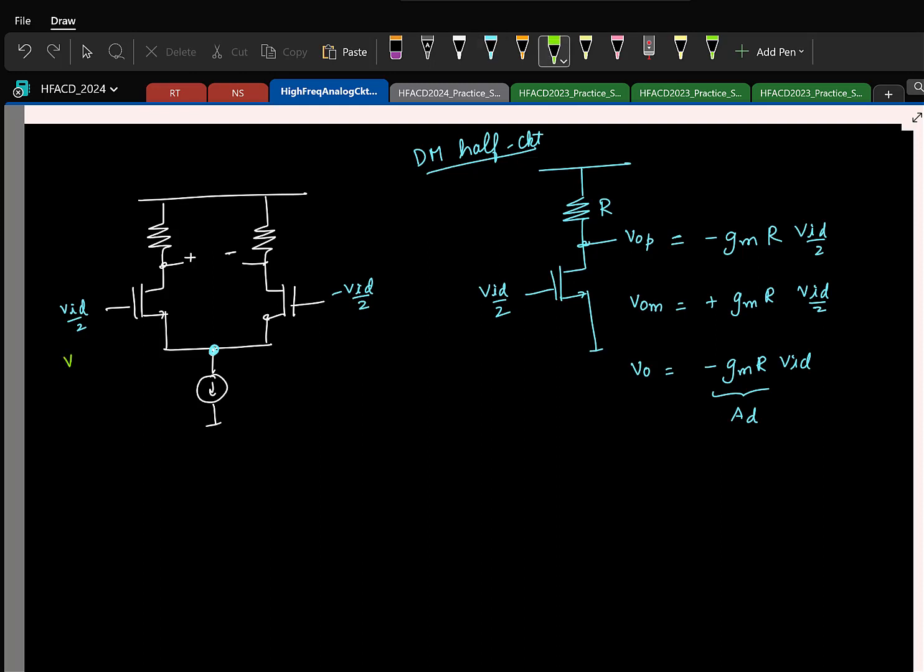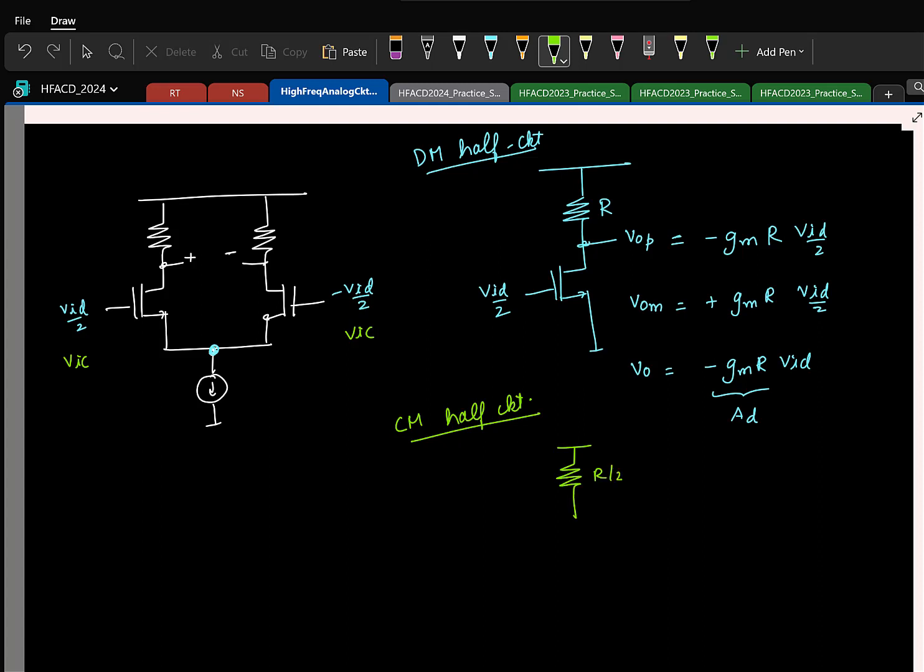Similarly, if I apply a common mode signal, I can draw the common mode half circuit. And how is that going to look like? In the common mode, these two potentials are same, so I can short it, so things just come in parallel.